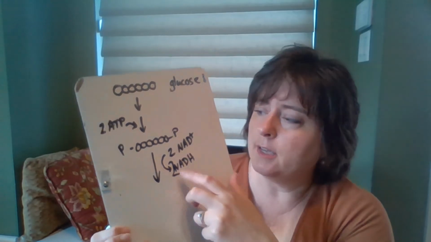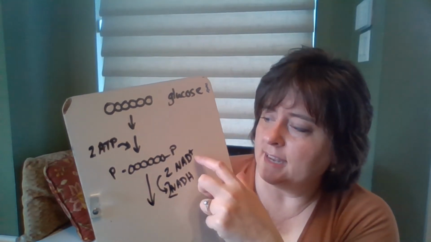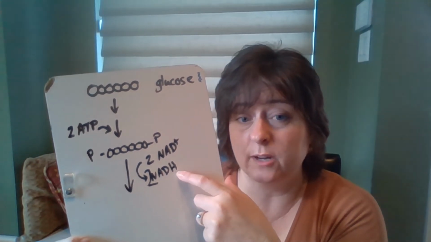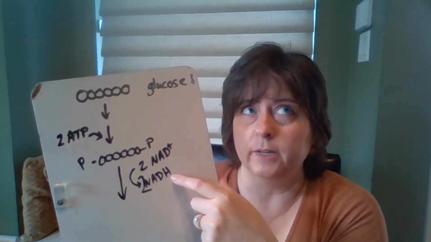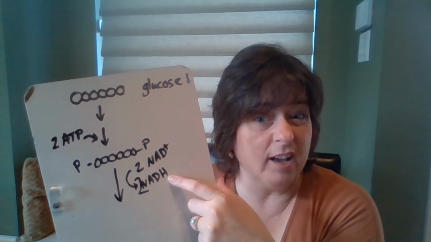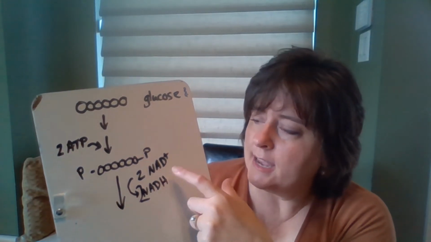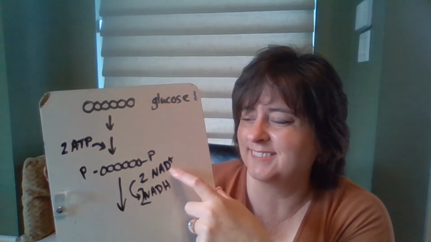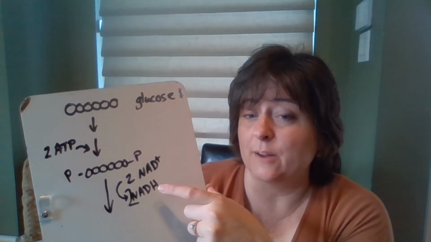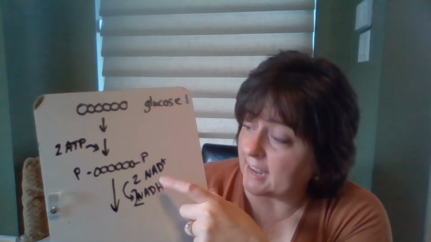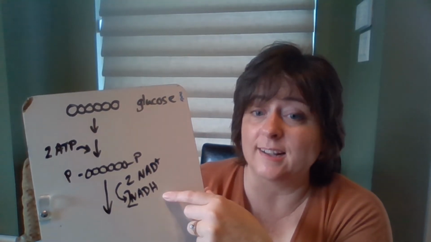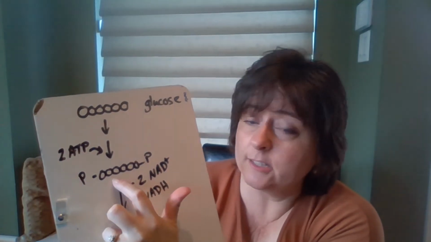Remember we're sharing electrons. NAD plus picked up, accepted an electron with its hydrogen. OIL RIG: oxidation involves loss, reduction involves gain. NAD plus got oxidized or reduced? I'll let you guess. NAD plus got reduced. Reduction involves gain, and you can see it. But if something got reduced, something got oxidized. Who donated the electrons?